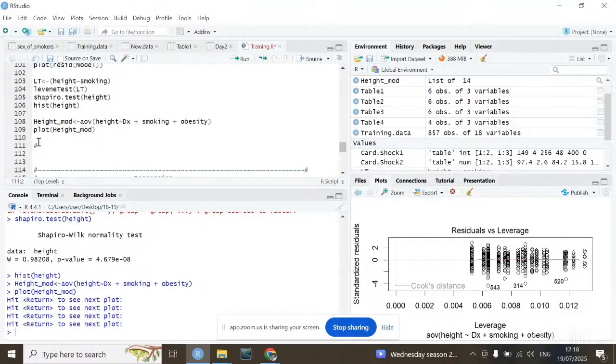We have the GLM, then we have the linear mixed model. But it depends on what you're working with.